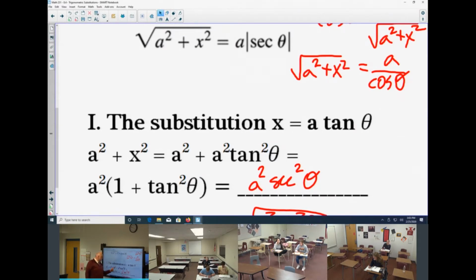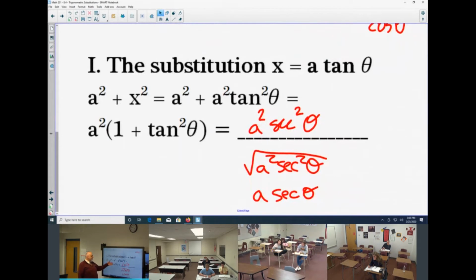Then we can factor out an a squared, and we have 1 plus tangent squared, and 1 plus tangent squared is secant squared. So when we substitute a tangent theta for x, we almost always end up under the radical with a squared secant squared. That comes out of the radical, because each of those are perfect squares, and so we'll just get a secant theta, usually, in our radical.